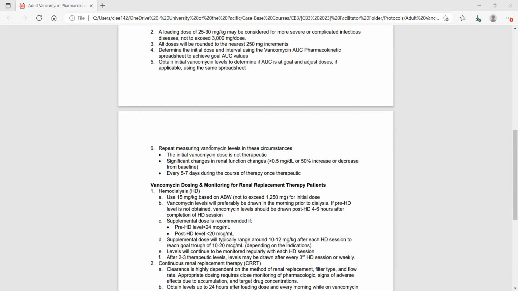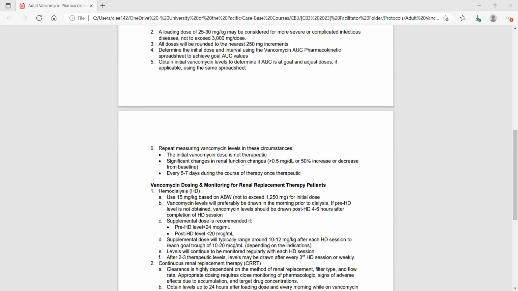Sometimes they might have normal renal function and then the next day they get AKI in the hospital, or their renal function changes at one point after being therapeutic. Then you might want to get the levels again, because the vancomycin clearance might be different.